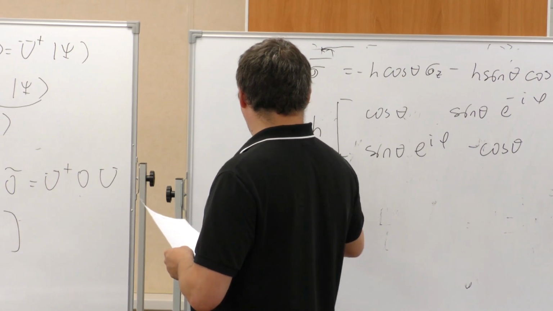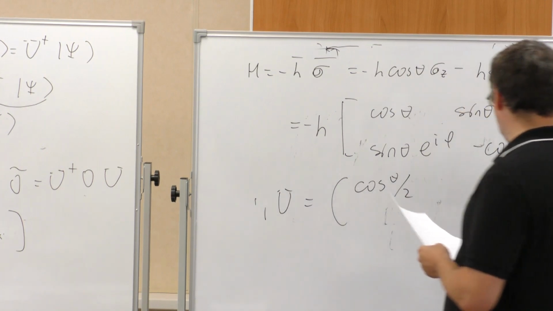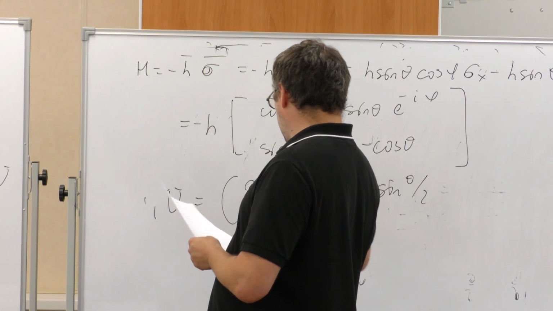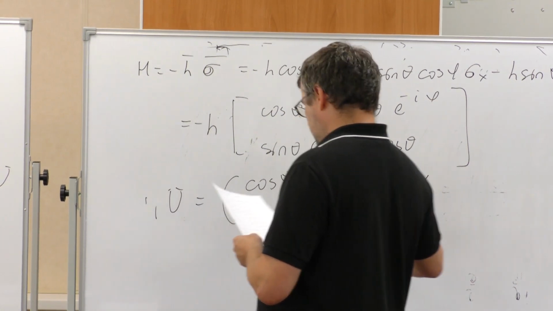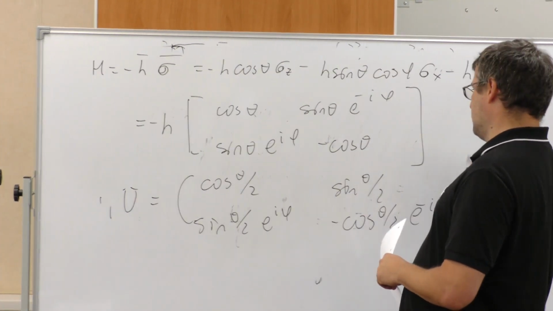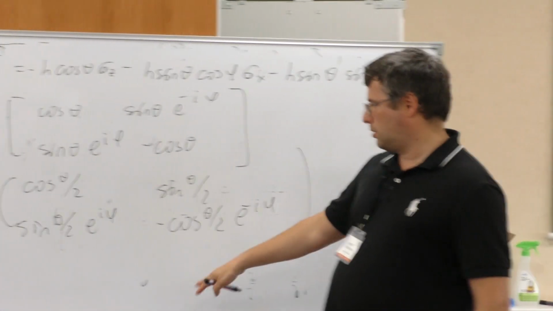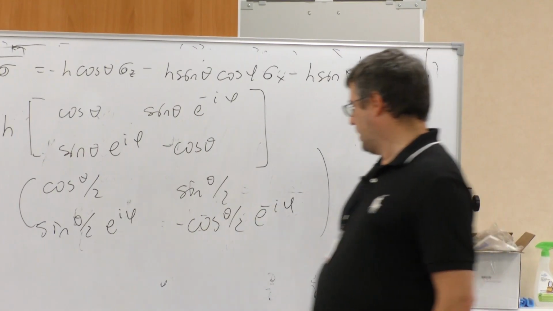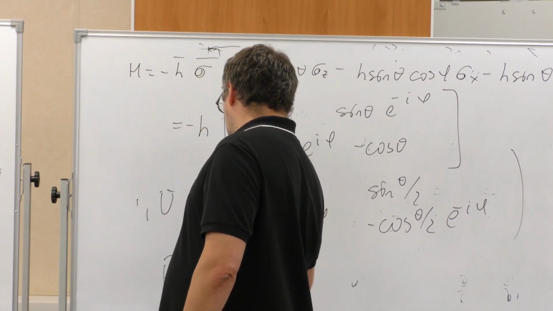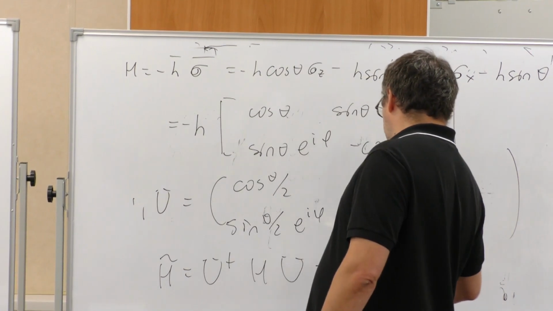So I can choose U, and this is something you can check. In Mathematica it should take you probably one minute, but even without Mathematica it should be quick. If I define this unitary, cosine theta over 2, sine theta over 2, sine theta over 2 e to the i phi, minus cosine theta over 2 e to the minus i phi, then my rotated Hamiltonian, H tilde equals U dagger H U, would be just minus h times sigma z.